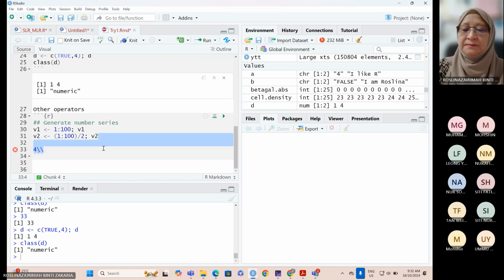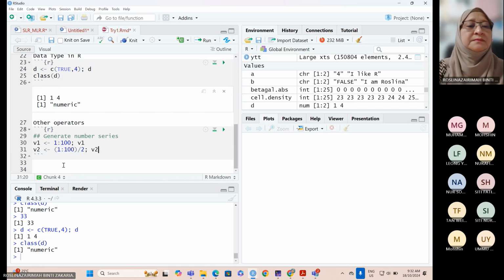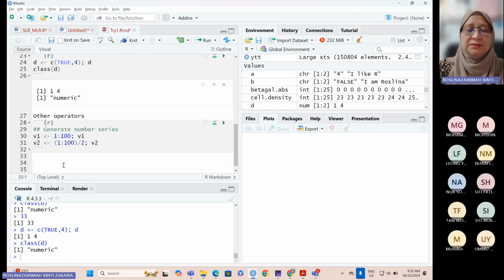Okay, if I run this, I'm generating a vector from 1 to 100.